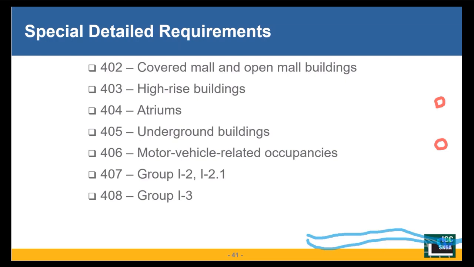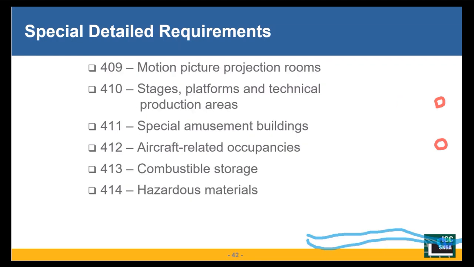Group I-3 is jails, and again, the challenge with these facilities is exiting. We can't let those inmates out easily. However, we have to make sure their life safety is ensured. And so there are specific requirements in 408 related to these occupancies.